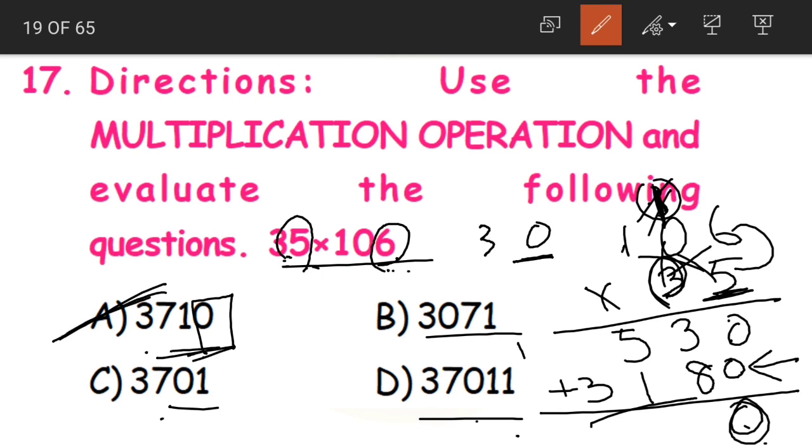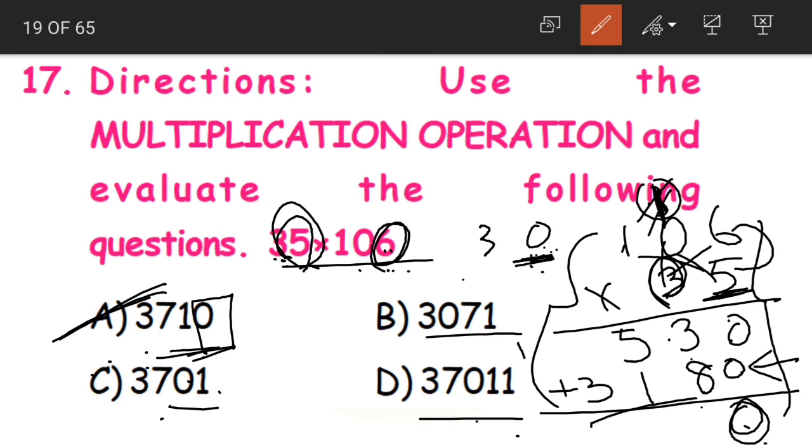In Olympiad exams we will have little time and we have to solve as many questions as possible. So in this way, even without doing the whole multiplication, we can directly write the answer. Understanding, children? Multiply the digits in the units place, look at what digit comes in the units place of the product, and match it with the given options.